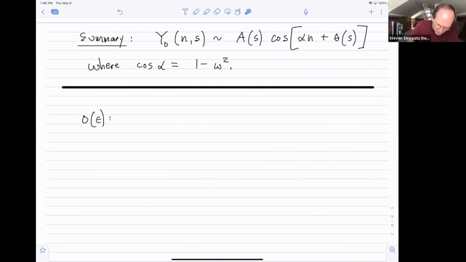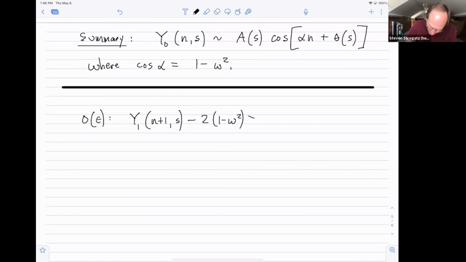You'll get y1 of n plus 1 comma s minus 2 times, I'm tempted to write b again, but in my notes I have 1 minus omega squared, times y1 of n comma s plus y1 of n minus 1 comma s.